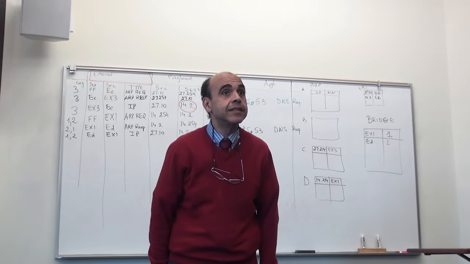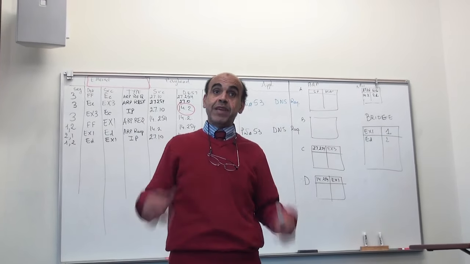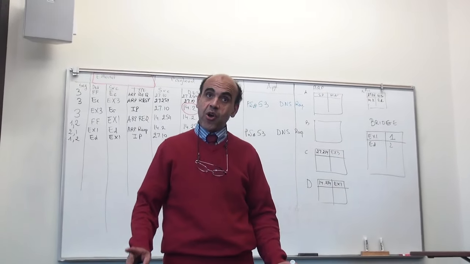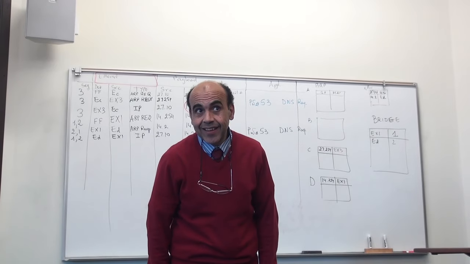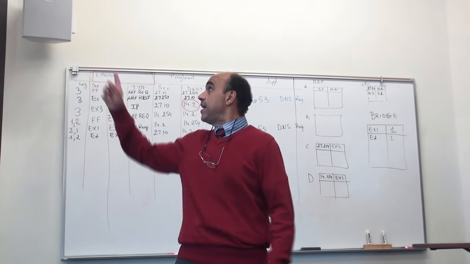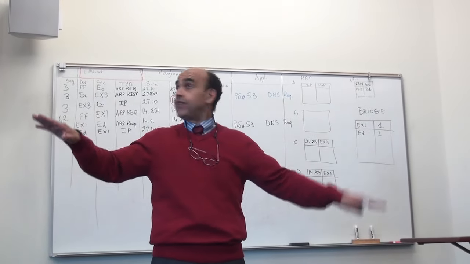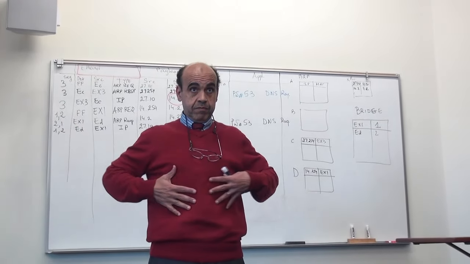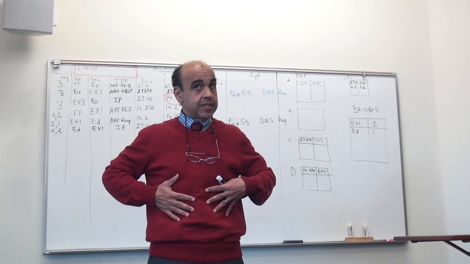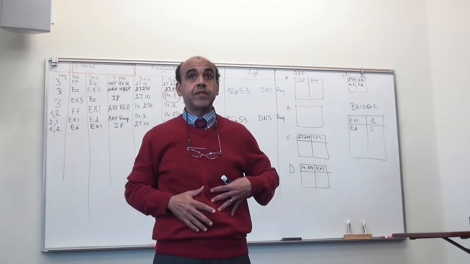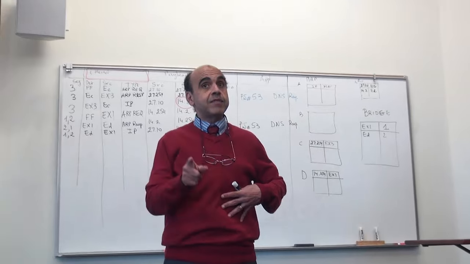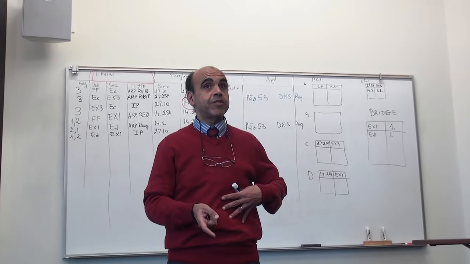IP asks, is it for me? No. Is it local? No, it's not. The way it finds it's not local is by again doing that masking and finding that its network is different from the network of the destination. That means it has to go through a router.